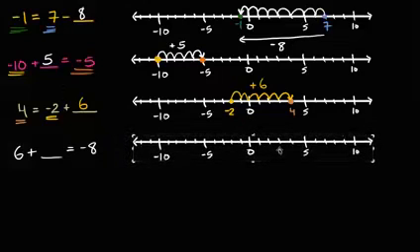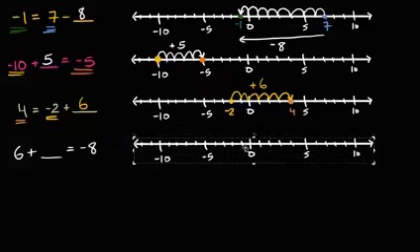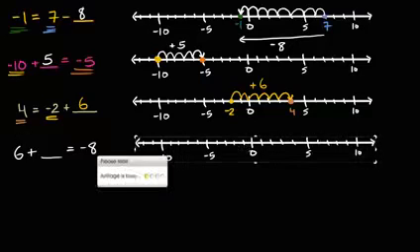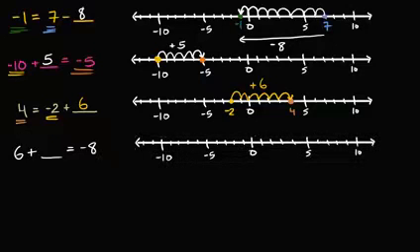One way to think about it is I am starting at 6. So that's 5, this is 6 right over here. And I'm going to add something to get to -8. To get to -8, this is -5, -6, -7, -8. I want to get right over here. I want to get to -8.